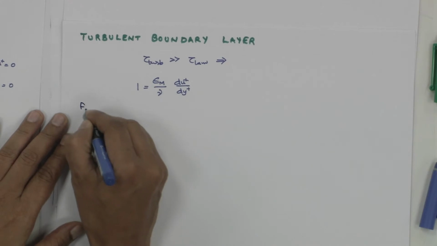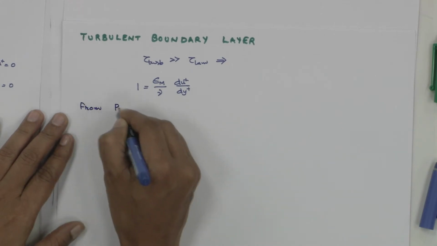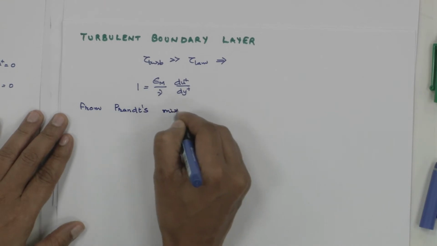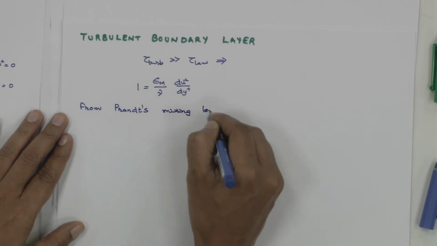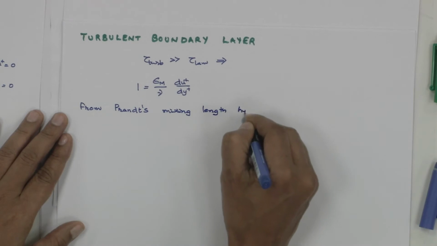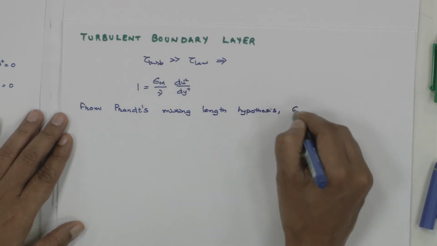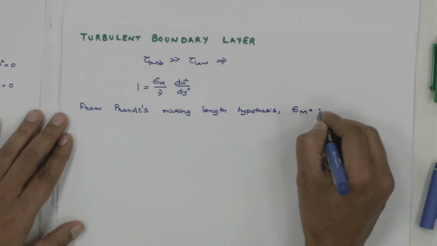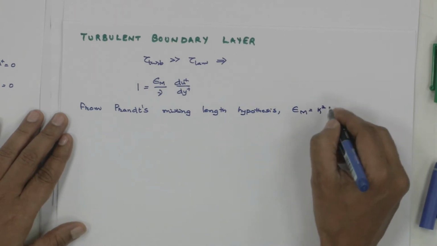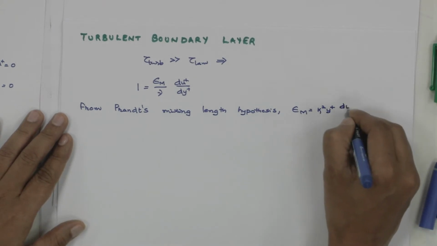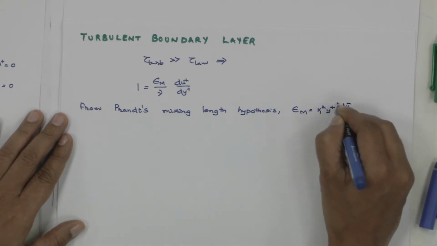From Prandtl's mixing length hypothesis or theory, epsilon m equal to kappa squared y squared into the modulus of du bar by dy.